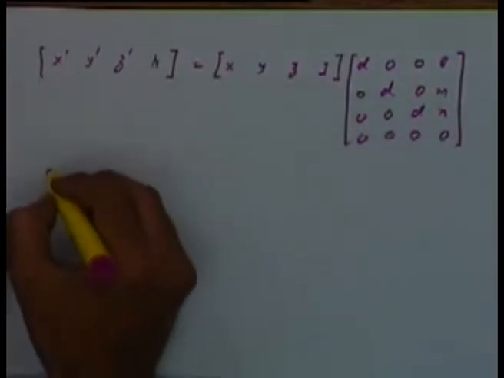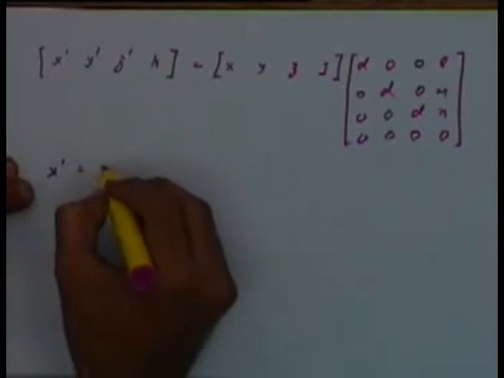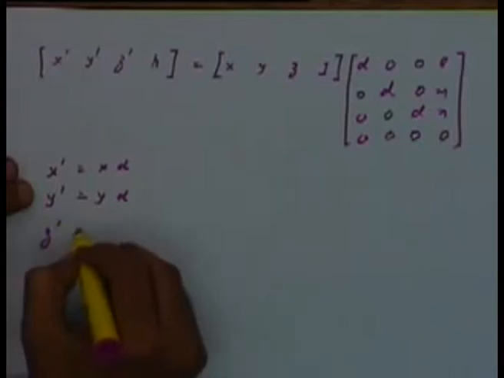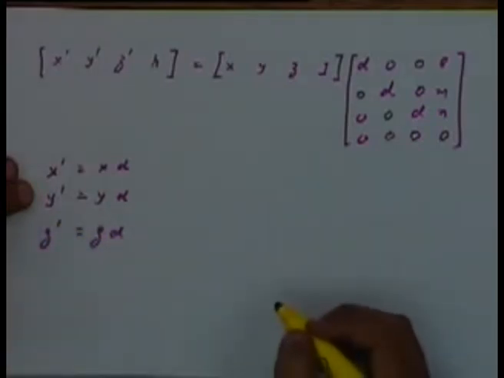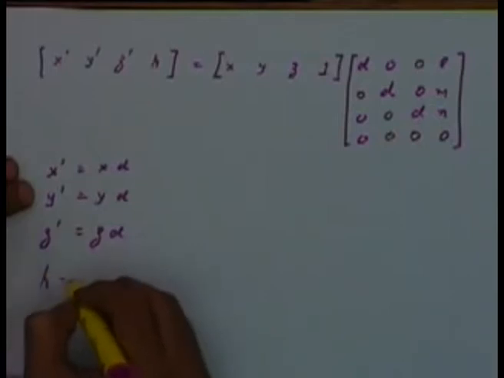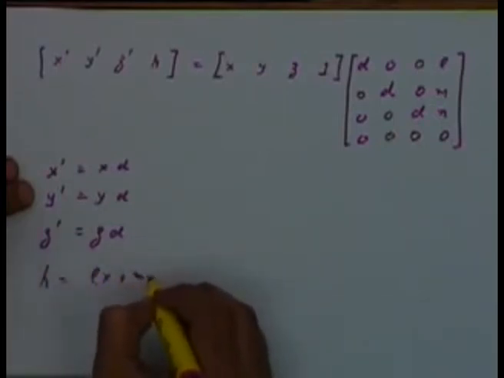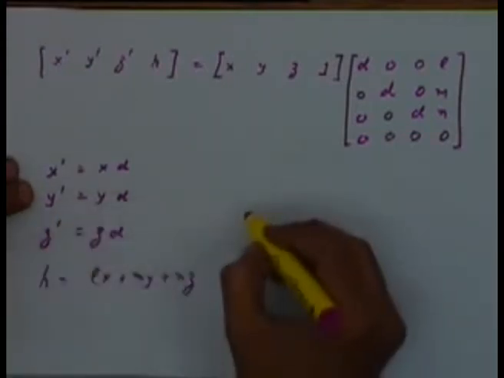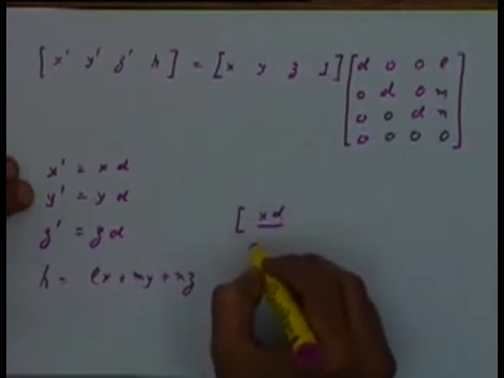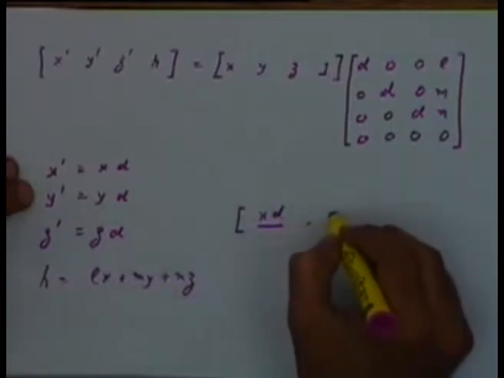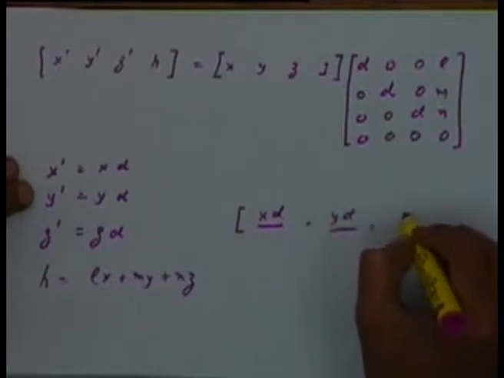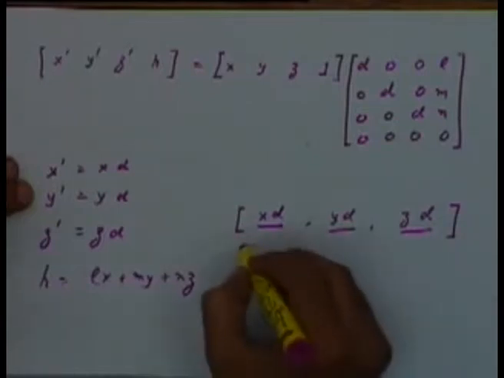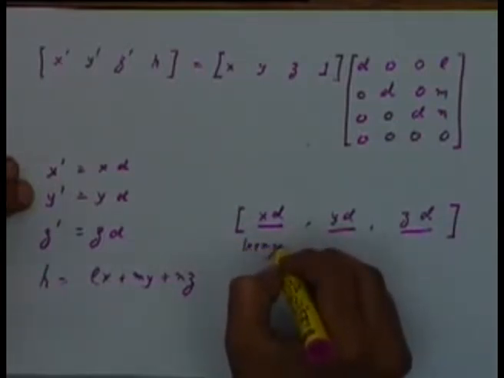This set of equations will give us x prime equal to x times D, y prime equal to y times D, z prime equal to z times D, and h equal to Lx plus My plus Nz. So this point will be the same as the point xd, yd, zd, each divided by this term, Lx plus My plus Nz.